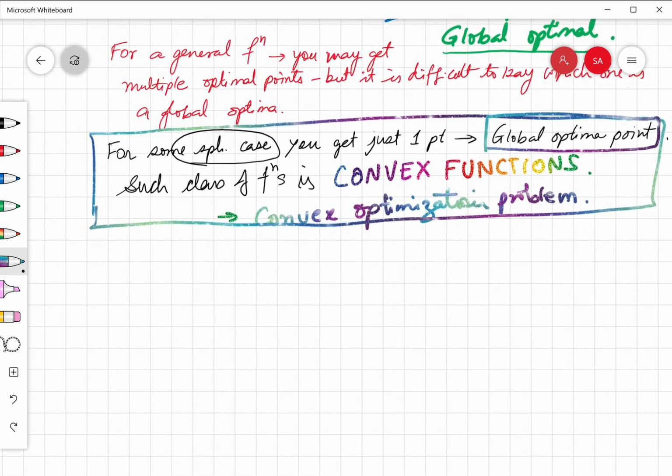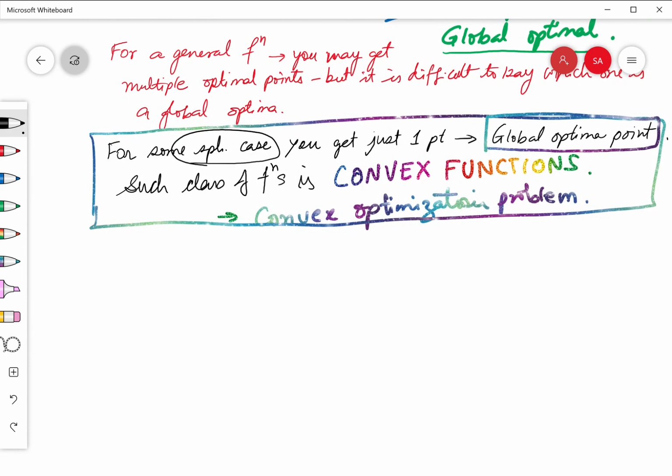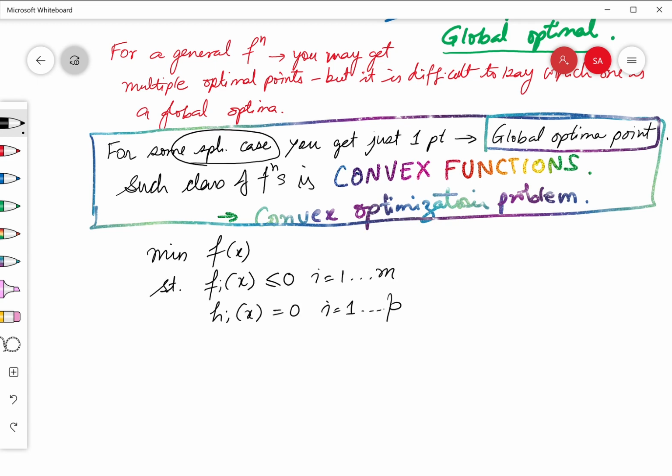Now let's go back again and see what kind of problems are convex optimization problems. Again I'm writing the same thing: minimize f of x subject to the constraints that fi of x is less than or equal to 0 for i from 1 to m, and hi of x is equal to 0 for i from 1 to p.